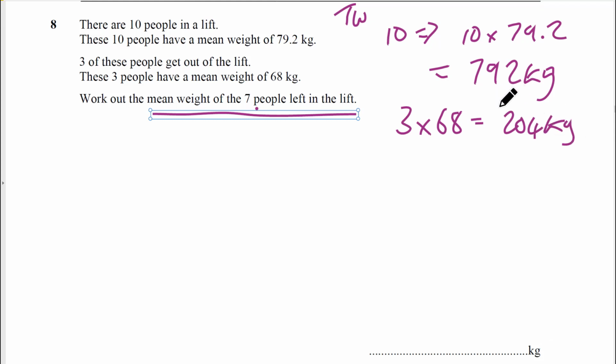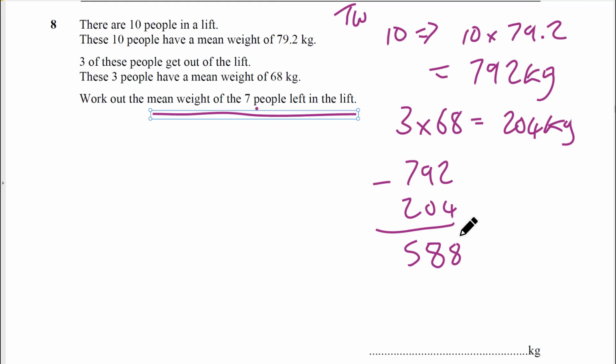So the total weight of the 7 people left will be that, 588 kg.